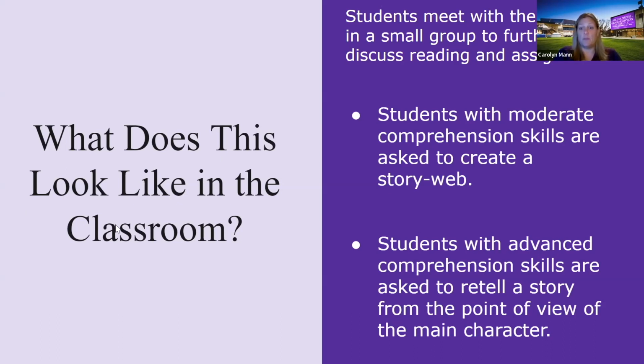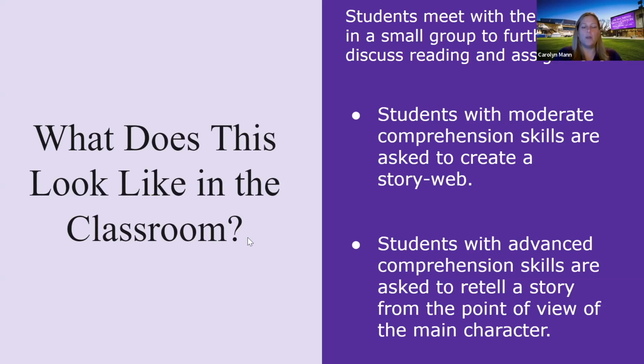And students with moderate comprehension skills are asked to create a story web. So they're already almost proficient. However, for students with advanced comprehension skills, a story web might be too easy. Instead, they're going to be asked to retell that chapter in the book or the story you read from the point of view of the main character instead of maybe third-person point of view.